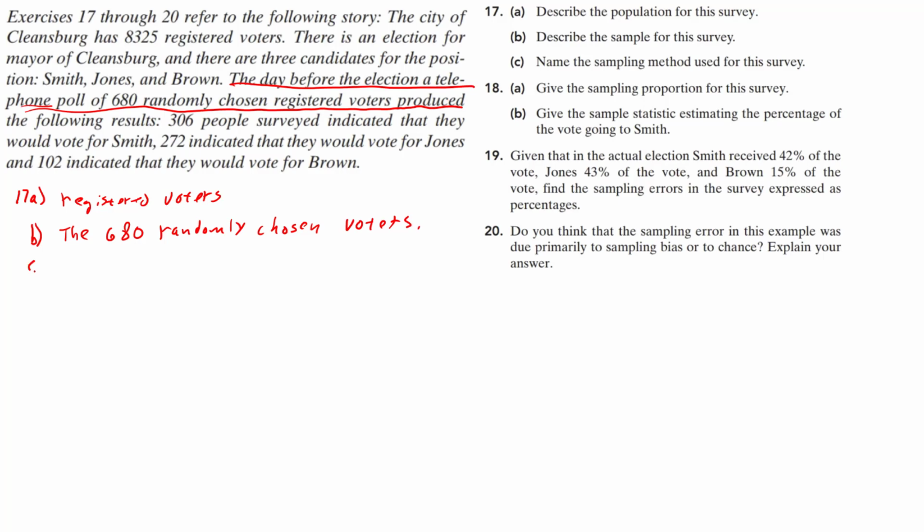So C, I would think that that would be a simple random sample. There is some bias in this, in that the only way you're going to be part of the sample is if you have a phone, and if you don't have a phone, then you can't be chosen. But it does appear to be a simple random.